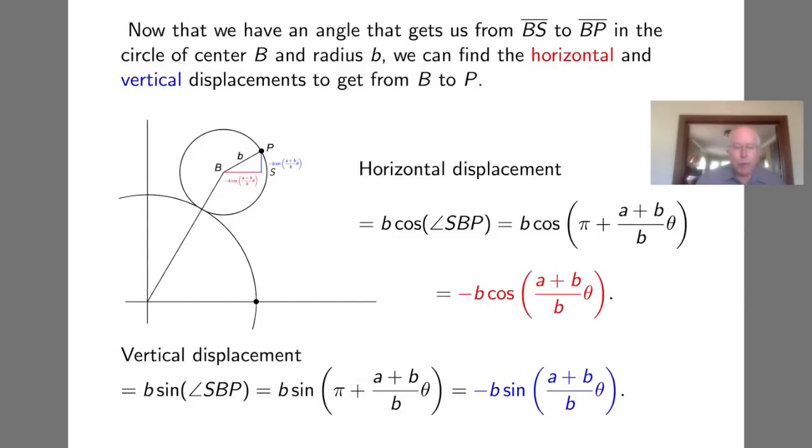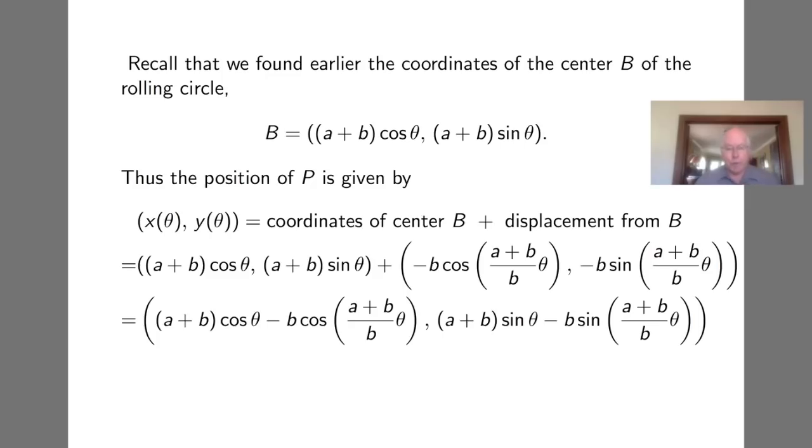And so once we know the position of the center and the displacements, we can come up with our parametric equations. Recall that we found that the center of the circle in terms of theta was given by A plus B cosine theta, A plus B sine theta. And so the position of the point P is given like this.